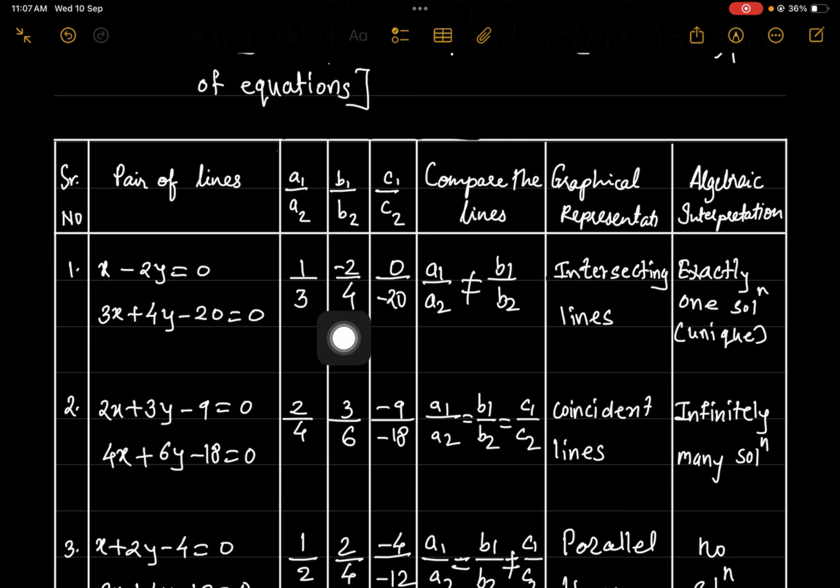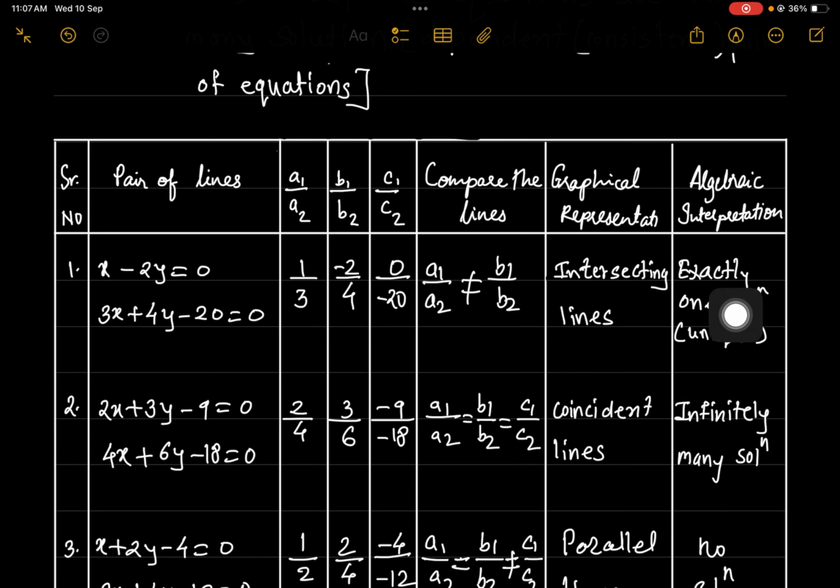In graphical representation, when we draw these two lines, they intersect each other in one point, and that one point is the solution of these two lines.